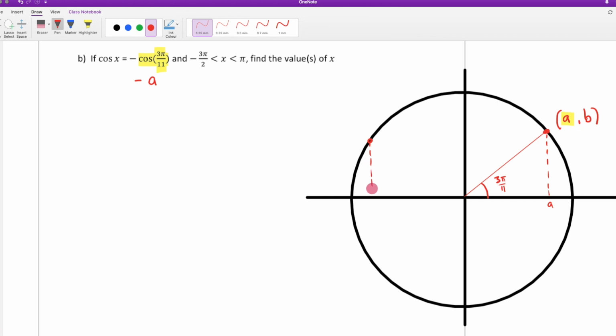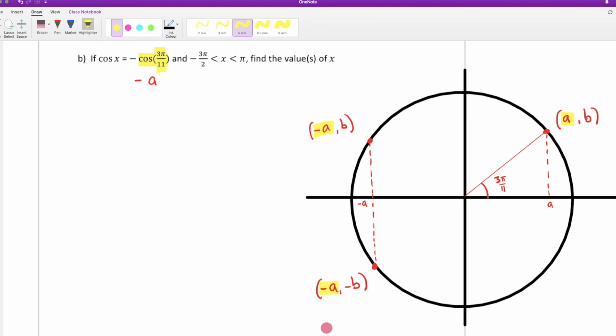So over here, that's going to be negative A. And we could keep on drawing down and get to this point as well on my unit circle. So this point is going to be negative A, B, and down here it's going to be negative A, negative B. But we don't care about this negative B, we just care about these negative A's.